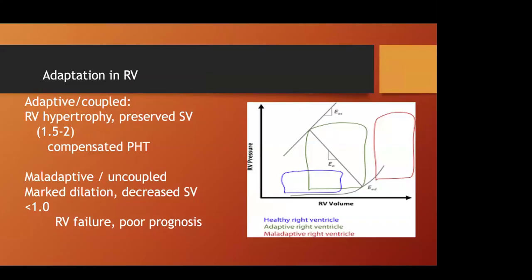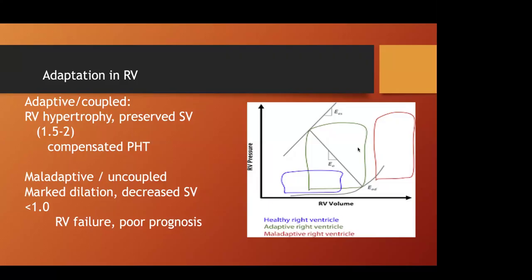When it goes into the maladaptive phase, which we generally see in the ICU, there is a sudden increase in lung pressures or PA pressures for whatever reason, be it high ventilatory settings or pulmonary embolism. There is sudden failure of the right ventricle when the uncoupling occurs rapidly. The coupling ratio falls to less than 1, and that has a bad prognosis. So the blue one indicates the healthy right ventricle.